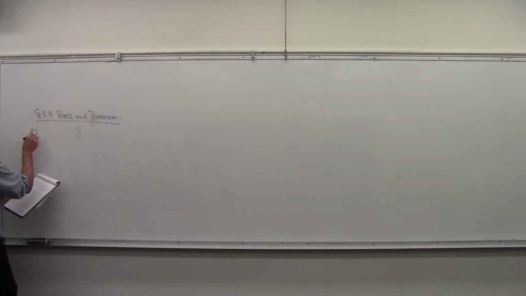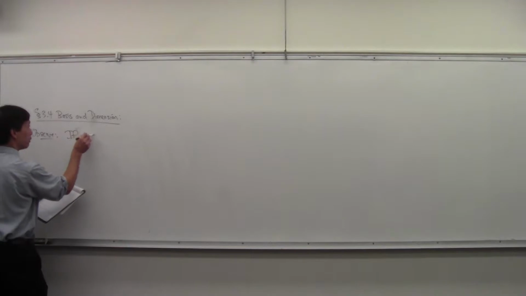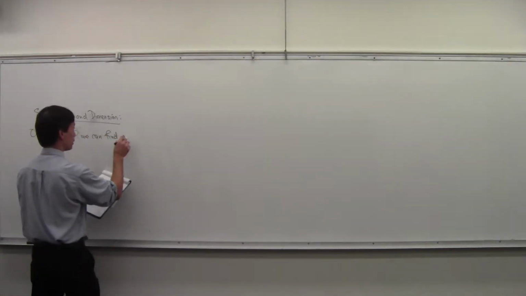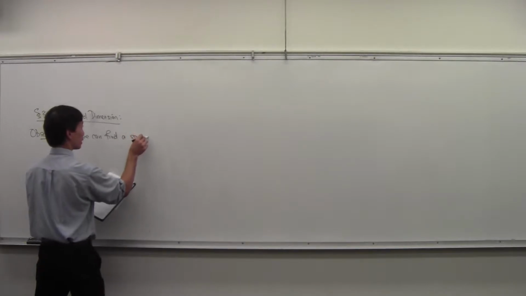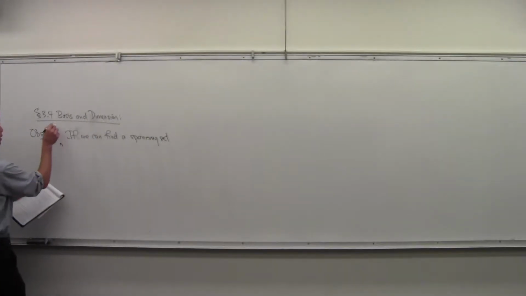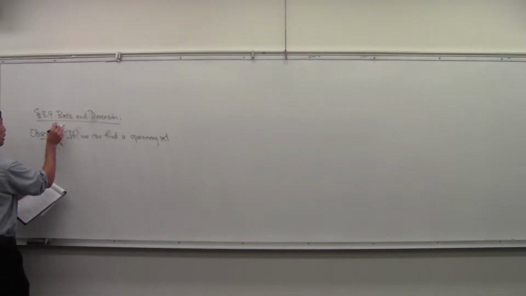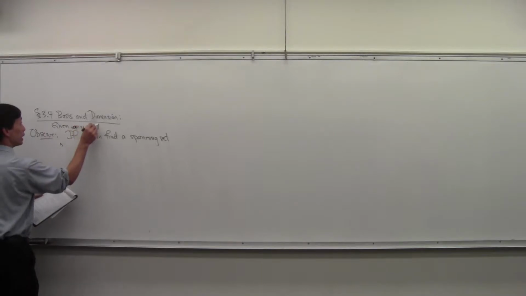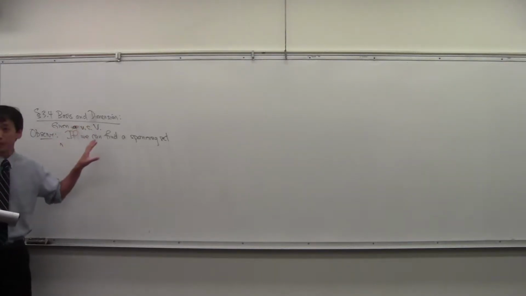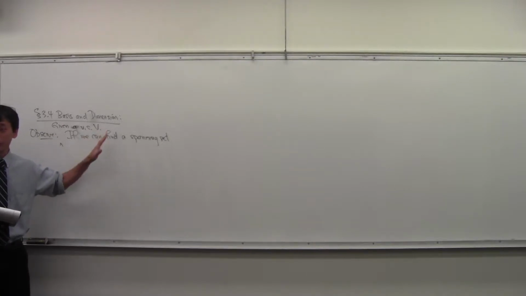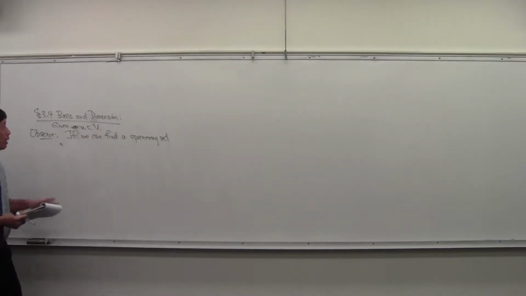So observe, I should first say, given a vector space V. So you start off with some vector space. It's an abstract vector space, doesn't have any coordinate system on it.